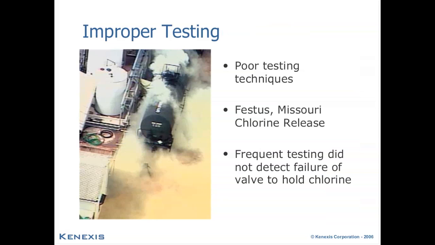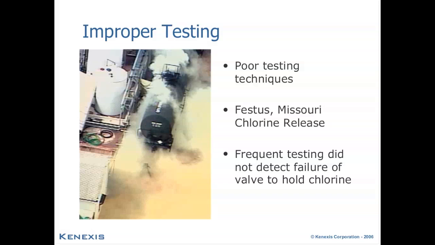We see a number of incidents that involve improper testing methods. In 2002, an incident occurred in Missouri involving a chlorine release in which a hose rupture occurred when offloading chlorine from a tank car to a fixed facility tank. There was a safety instrumented system designed specifically to detect an out-of-control condition like a line rupture and to shut the process down.